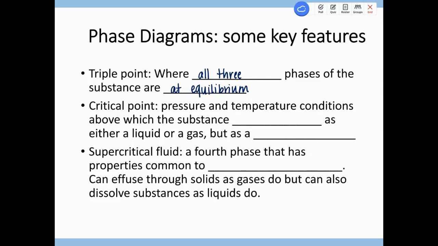The critical point is the pressure and temperature conditions above which the substance no longer exists as a gas or a liquid, but as a supercritical fluid.